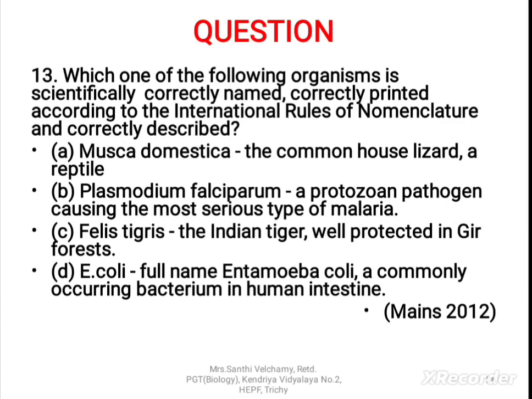B. Plasmodium falciparum, a protozoan pathogen causing the most serious type of malaria. C. Felis tigris, the Indian tiger protected in Gir forests. D. E. coli, the full name Entamoeba coli, a commonly occurring bacterium in the human intestine. So B is the correct answer, Plasmodium falciparum.